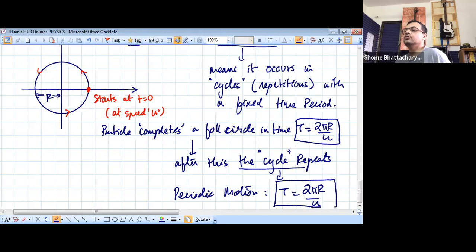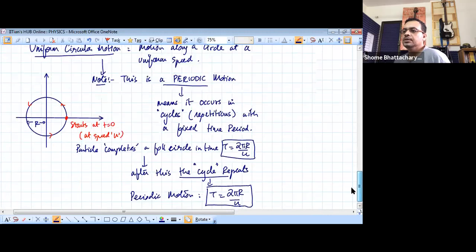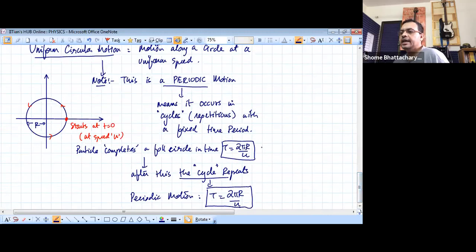So further, how are we getting the formula of the time period? Because the time period is defined here as the time taken to complete one cycle, or you can say one revolution of the circle.